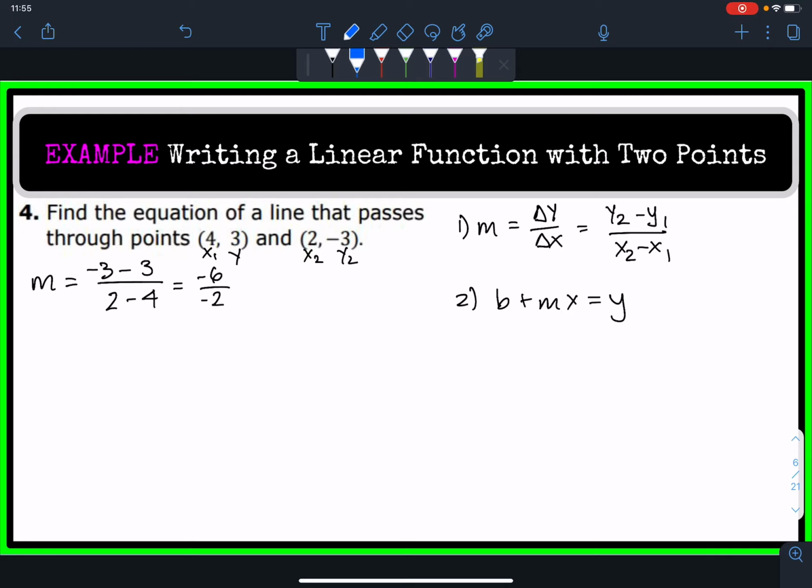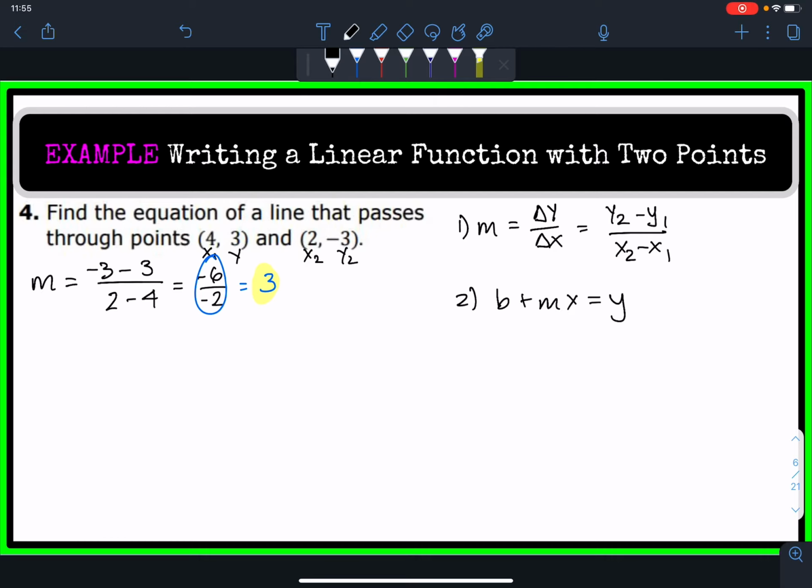And then we divide both of these by -2. They have a common factor of -2. Dividing them, I end up with +3. So the m value is equal to 3. That's going to be our m.